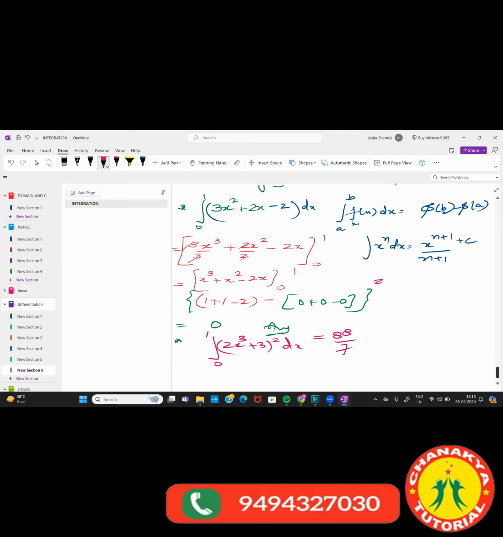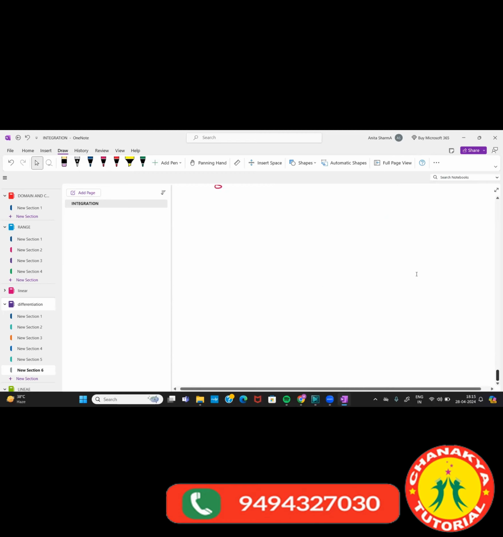Good. Suppose if you have given a question like this: 1 upon 4 plus x square dx, and values are 0 to pi by 4. So how will you solve?